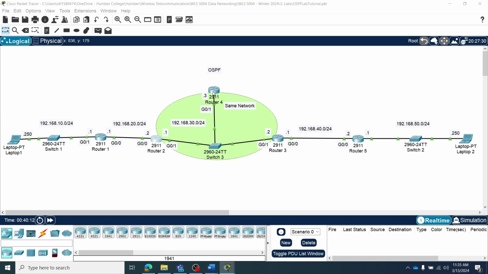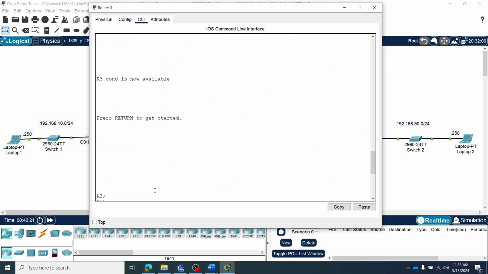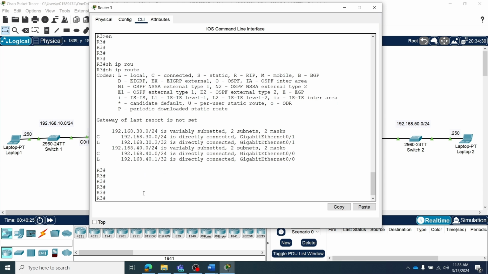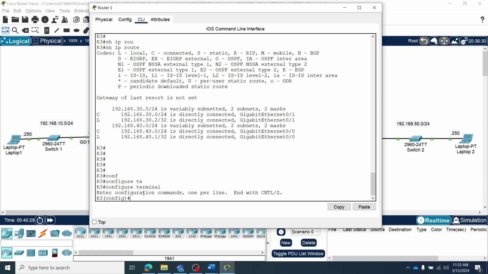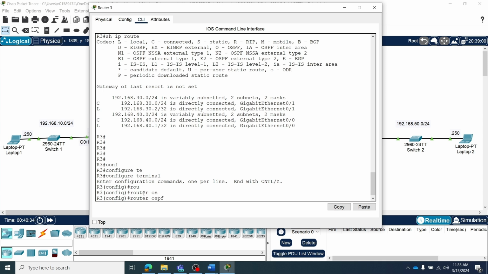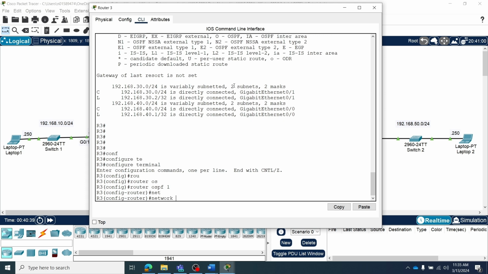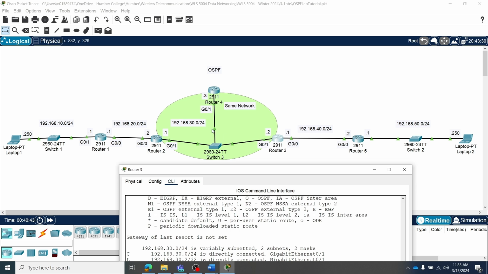So let's configure OSPF on router 3 now. Config terminal, then router OSPF process number 1, then network. Router 3 has network 40 and network 30.